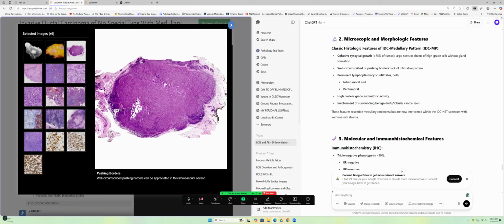Do not use it interchangeably with circumscribed. Look at this: it's not as round. At least some areas want to push out, but they are still contained.